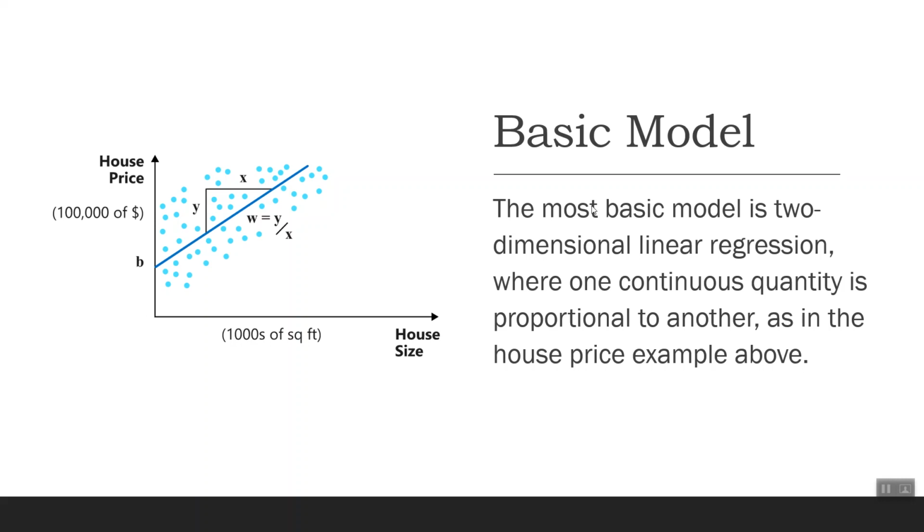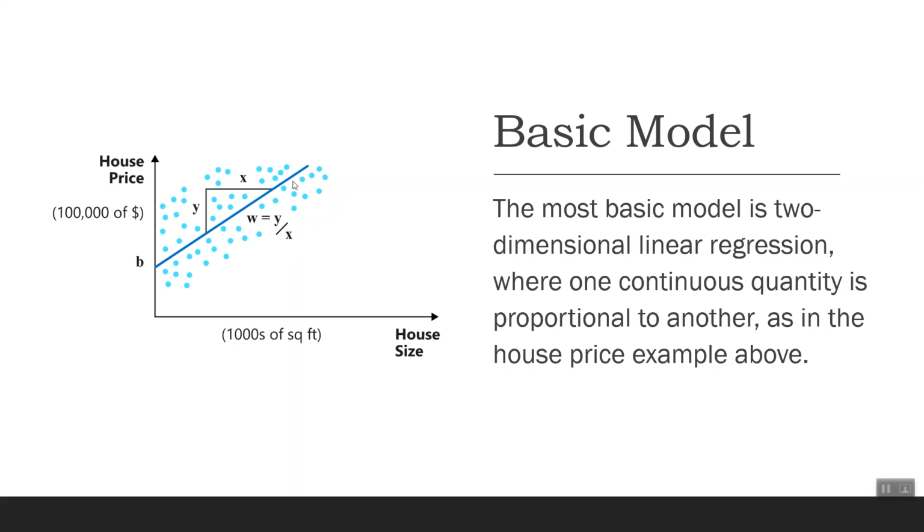In the most basic model, it is a two-dimensional linear regression where one continuous quantity is proportional to another. That means house price is proportional to house size with an intercept. And this is the slope, which is y by x, on this tangent.